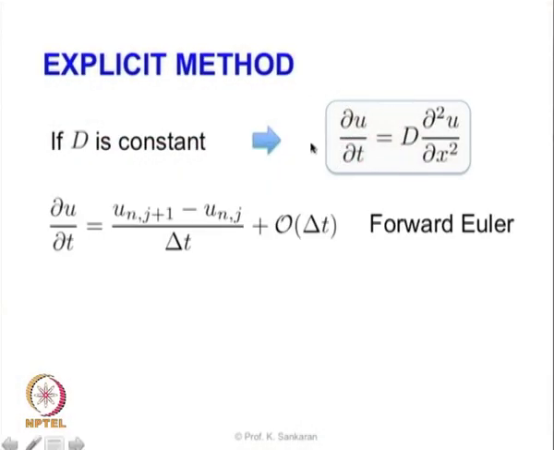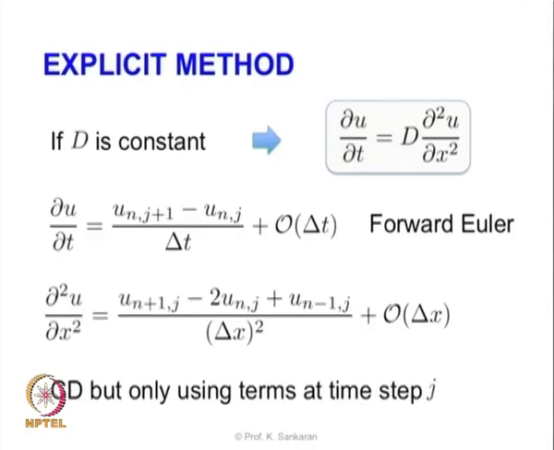So we have approximated the partial differential dou u by dou t as u(n, j+1) minus u(n, j) divided by delta t plus a certain order of truncation which comes from the Taylor series expansion, and we will do the central differencing, as I said, for the second order partial differential with respect to x as follows. Again you will have a certain order of truncation with respect to x.